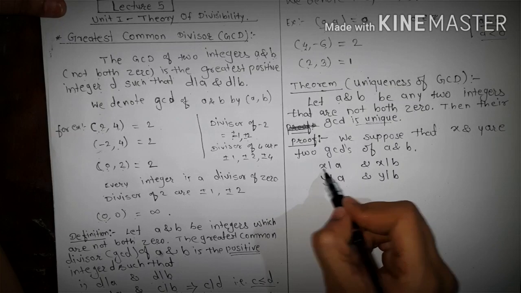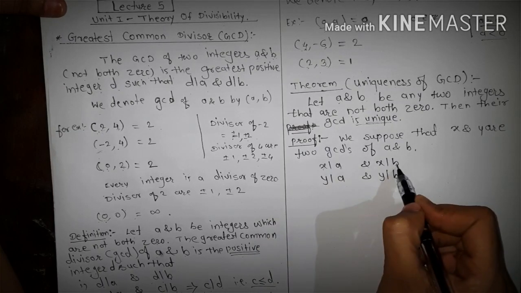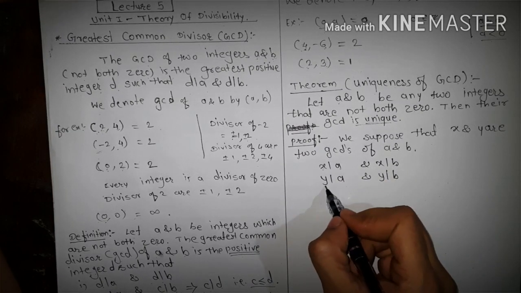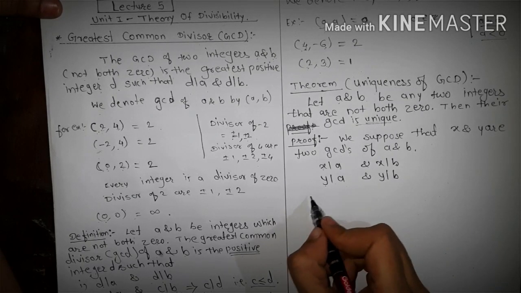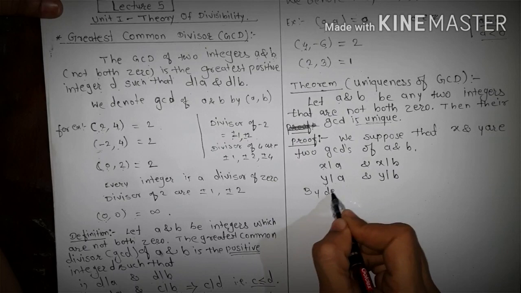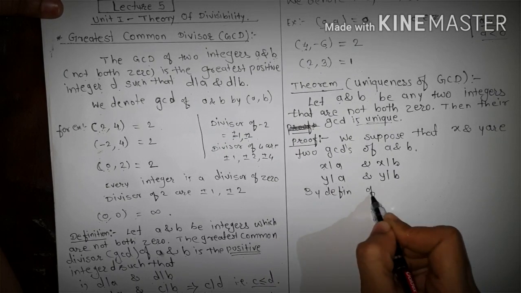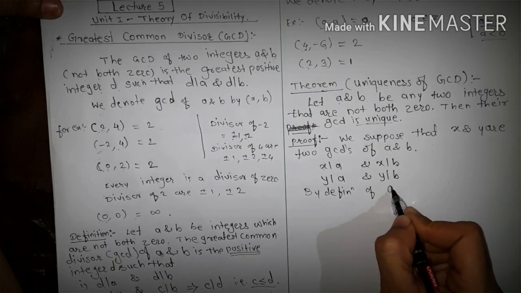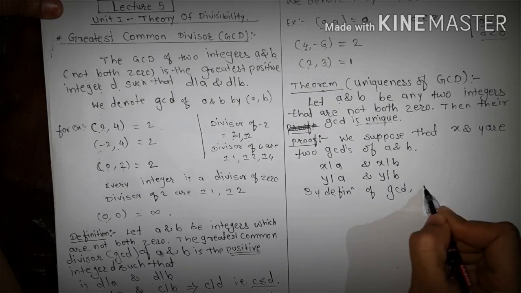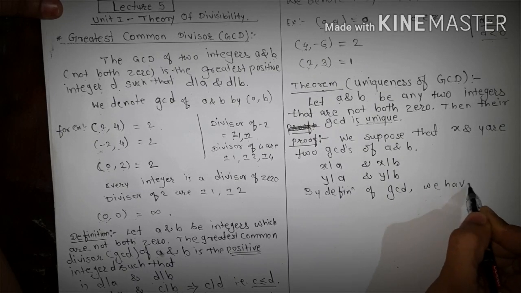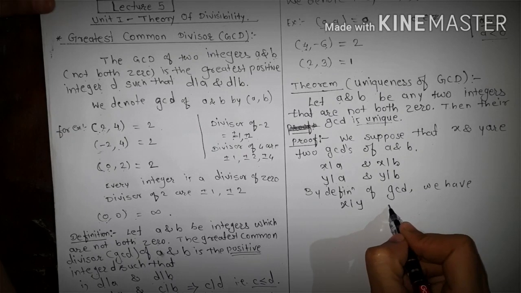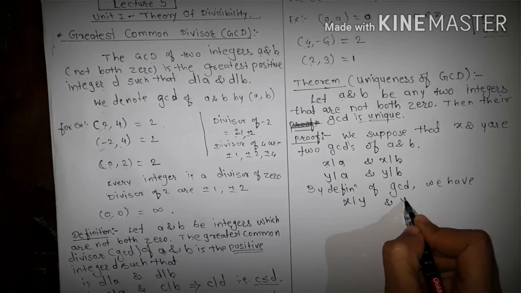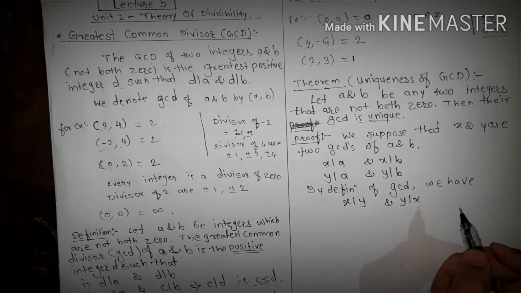Also, since x is a GCD of a and b and y is another divisor which divides a and b, by the definition of GCD, we have x divides y and y divides x.